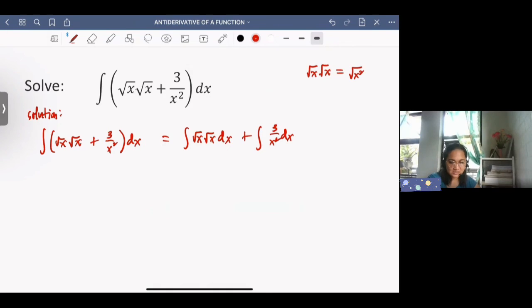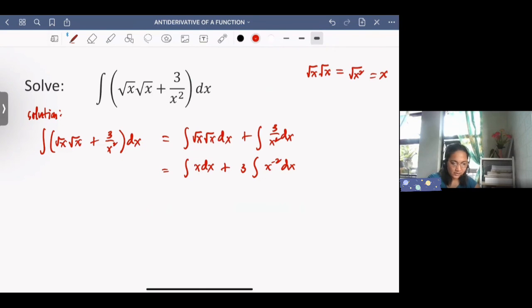And square root of x squared is equal to x. So more likely, we are getting the integral of x dx plus for our 3 over x squared dx, we can factor out the 3. And then for 1 over x squared, we have the integral of x raised to negative 2 dx.